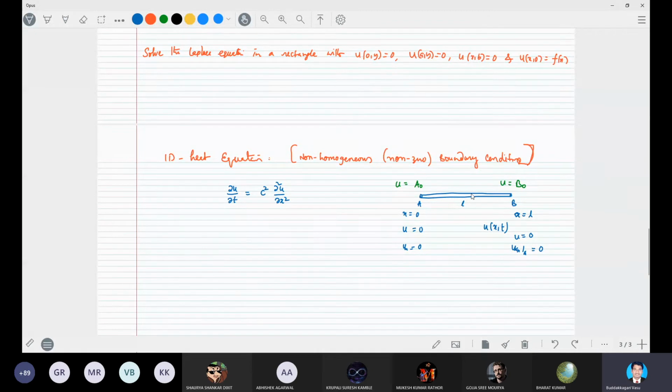If we are giving the two ends different temperatures, heat flows from one point to another, that is, from higher to lower direction, right?